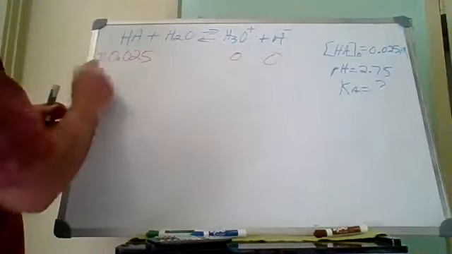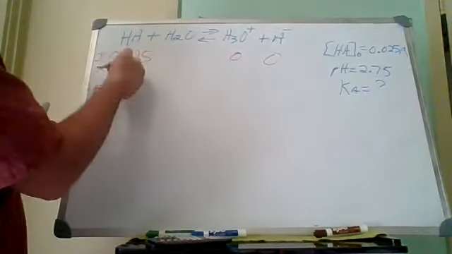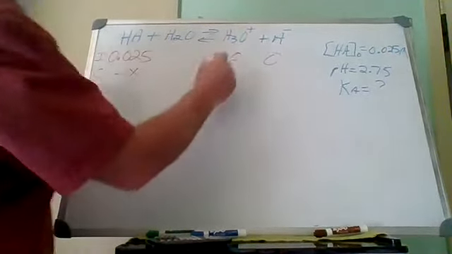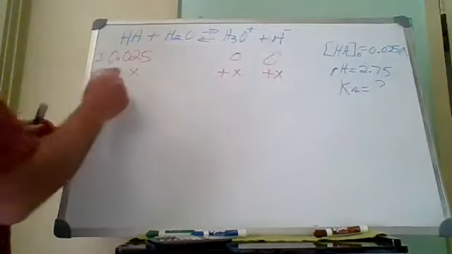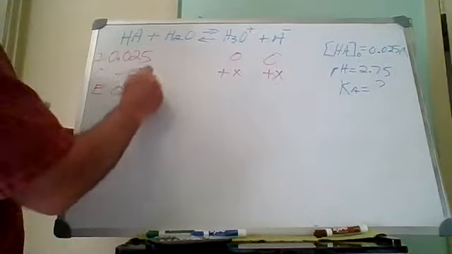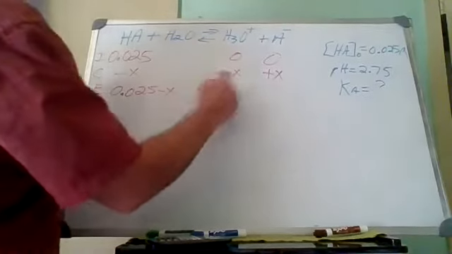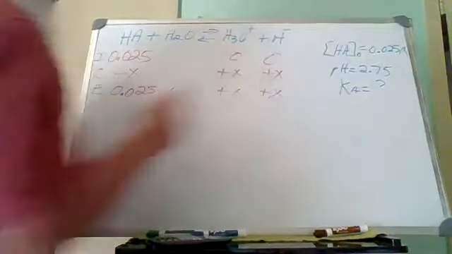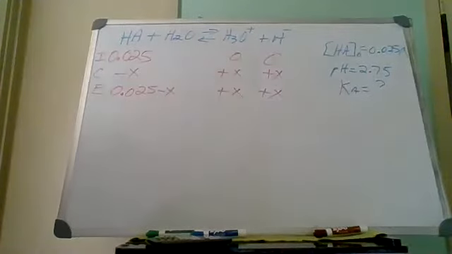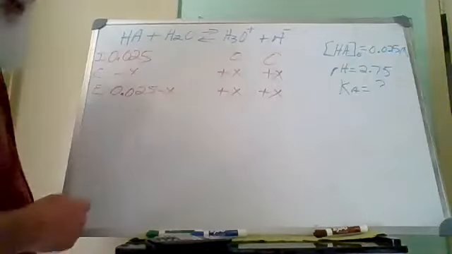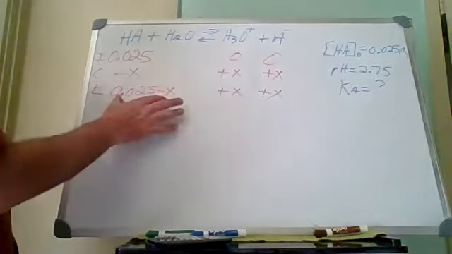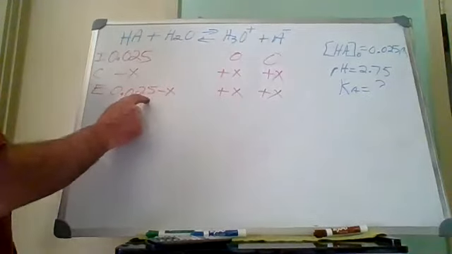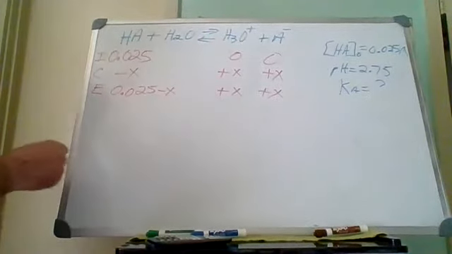The change in this is going to be minus X. This will be plus X. This will be plus X. So at equilibrium, this is going to be 0.025 minus X. This will be plus X. This will be plus X. Now we know what this X is. We just calculated that. So we know this number and this number. You can easily get this number, 0.025 minus that number that we just calculated.